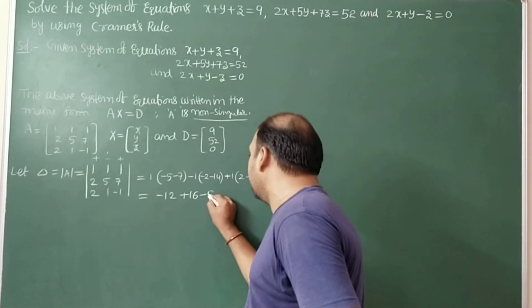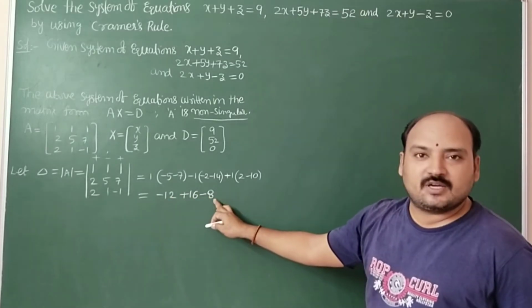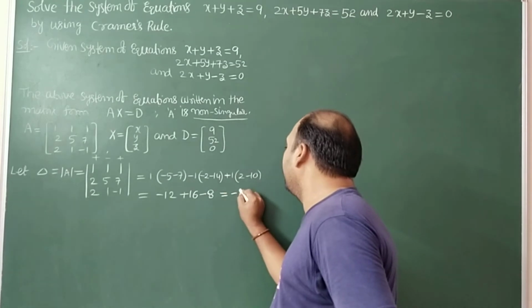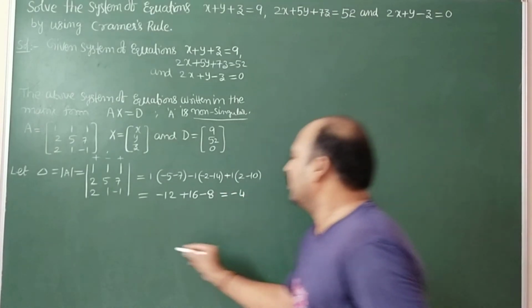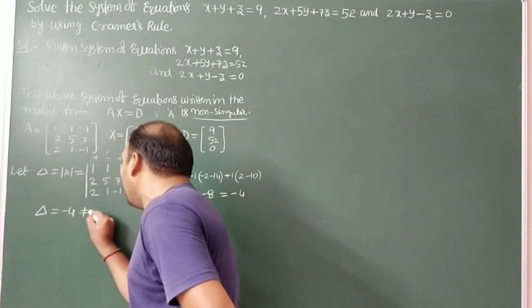So minus 12 minus 8 is minus 20. Minus 20 plus 16 is minus 4. Therefore, delta is equal to minus 4, which is not equal to 0.